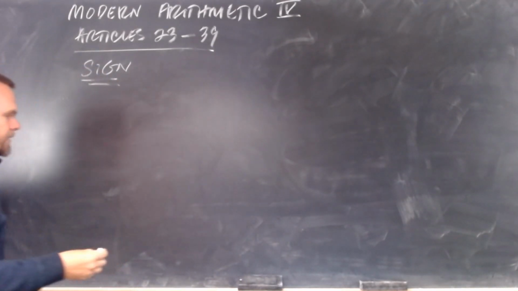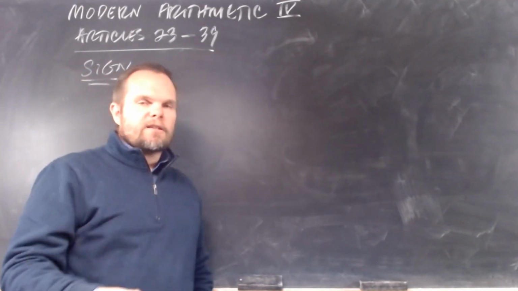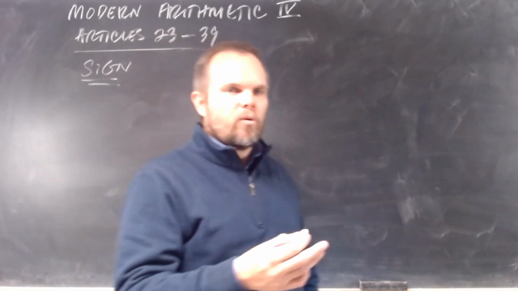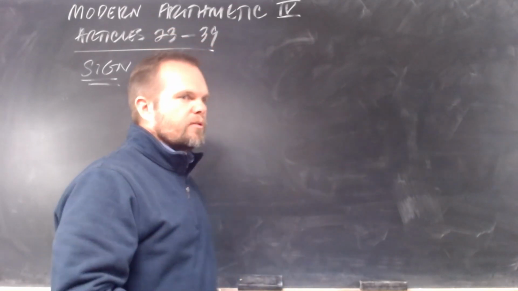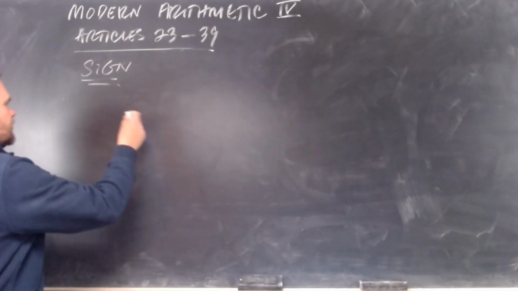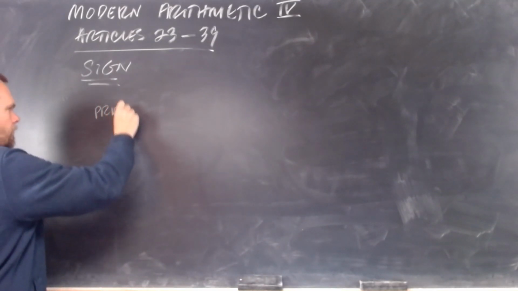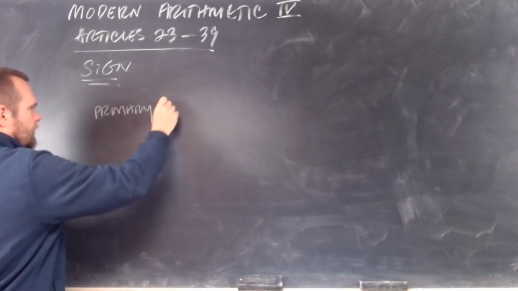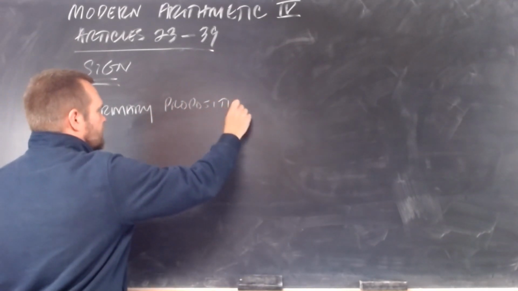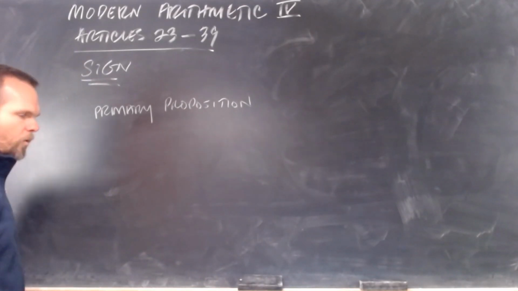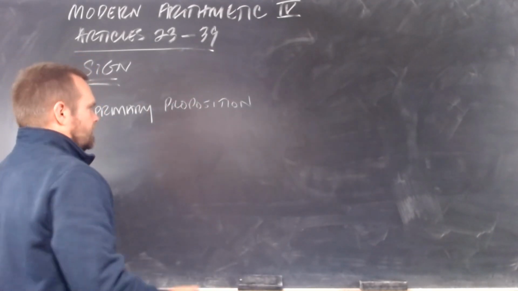This is an axiom because it's the definition of a quantity, that a quantity is a thing that can be increased or diminished. So this is the primary proposition. You should take the time to write this out and think about it. The primary proposition, or the axiom on which all arithmetic is based.